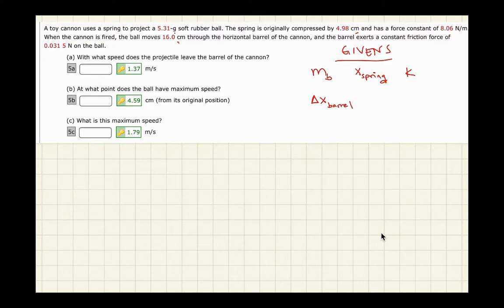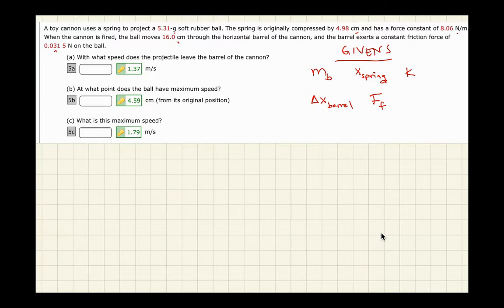Again, that's given in centimeters. You're going to want to convert that. And I'm given this frictional force of 0.0315 newtons in this case. That's given in newtons. This spring constant's given in newtons per meter. So everything needs to be aligned. We need kilograms, we need meters, and newtons all together in this problem. So make sure that you're doing your unit conversions correctly.